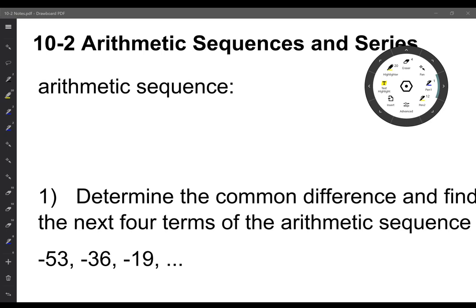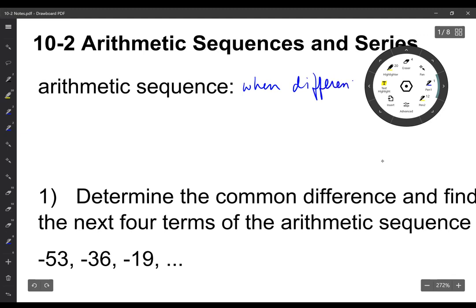So remember, a sequence is going to be that list of numbers, and a series is when we add them all up. But now we're looking at arithmetic. So arithmetic is when the difference between successive terms is a constant.